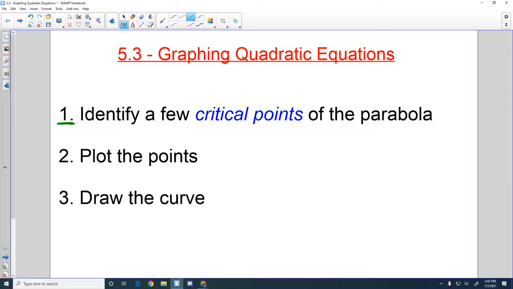The main part that's going to take the most work is identifying these critical points, I'm calling them. They're basically key parts of the graph that once we plot these points, it's going to be really easy to draw in that U shape, that graph. So once you identify them or calculate these points, then you plot the points, and then the last thing that we do is just going to be draw that curve of that parabola U shape.